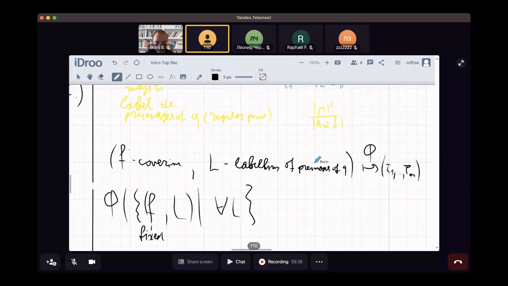So consider the image for some fixed covering with all possible labels.